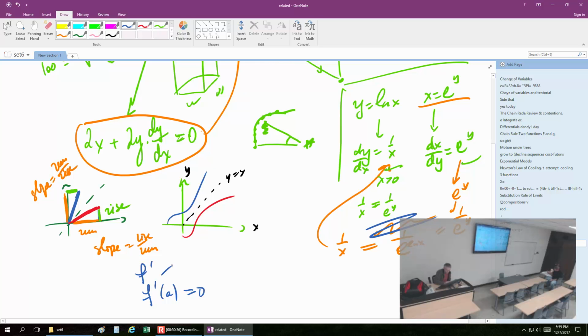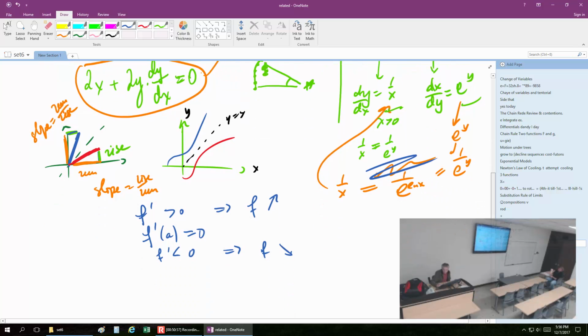When the derivative is positive, the function is increasing. When it is negative, the function is decreasing. What if the derivative is equal to 0, then what? It's not going anywhere. What does that mean? It's a constant.